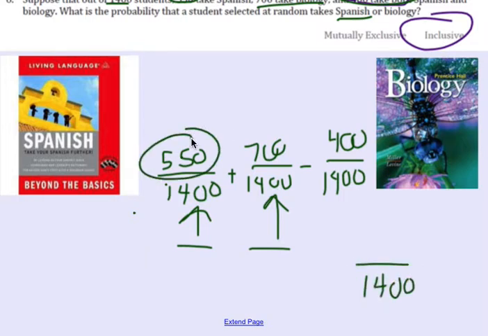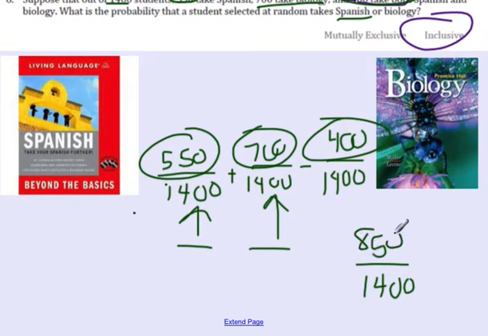Then I'm going to do 550 plus 700 minus 400. So when you do all of that math, you end up getting 850. So now all I have to do to get that probability is divide that out. 850 divided by 1,400, and I get 0.607. So that right here is your final answer for number 6.